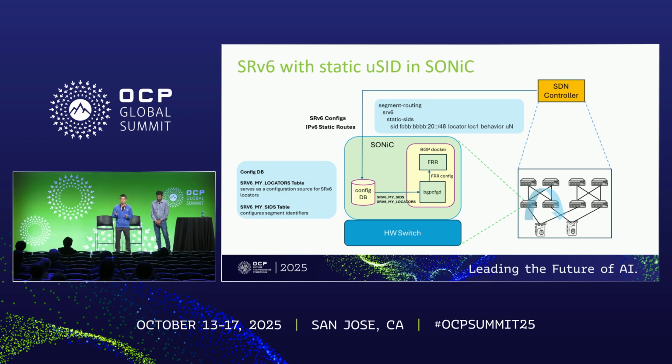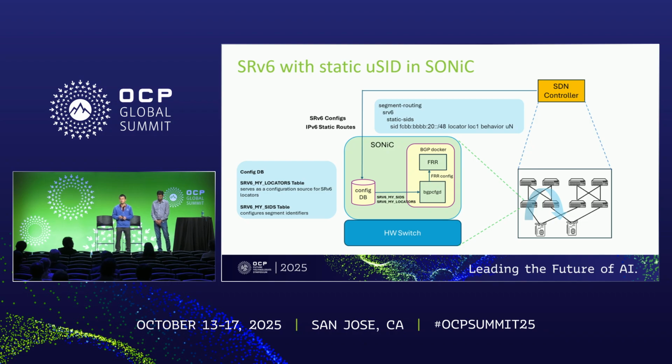We implemented all of these features in our SONiC OS because it's very popular, as you can see. We introduced 2 new tables in the configuration database in SONiC, which are MyLocators and MySIDs. When our central controller programs these new configurations to the switches, we use a piece of software called FRR, which is an open source routing software maintained by NVIDIA.